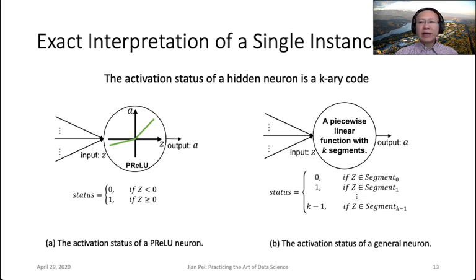In the general case, as shown in the right figure, the hidden neuron adopts a piecewise linear activation function with k segments, and the activation status is simply a k-ary code. Our method applies to the general case.